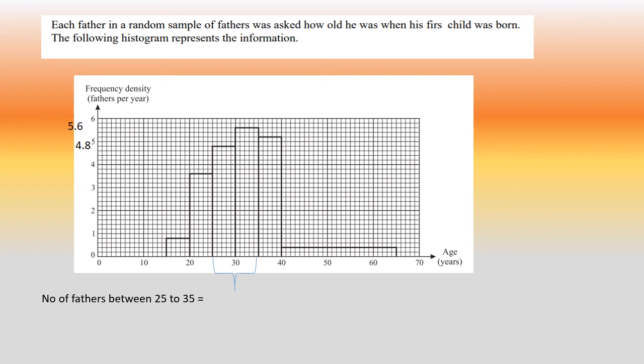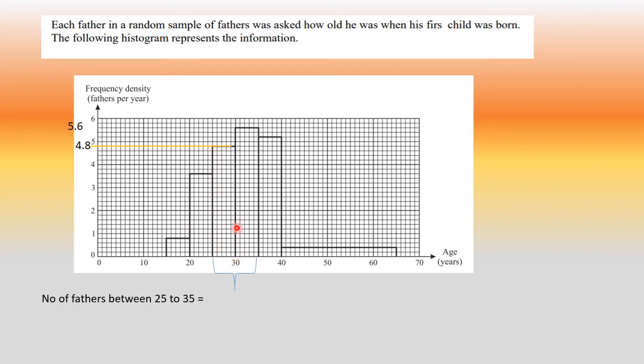How do you find the number of fathers? That means, in other words, it's a frequency. You take the area of each rectangle. How do you calculate the area of this rectangle? Here 25 to 30, you have a gap of 5. And the height here is 4.8. So when you multiply 4.8 by 5, you get the area of this rectangle.